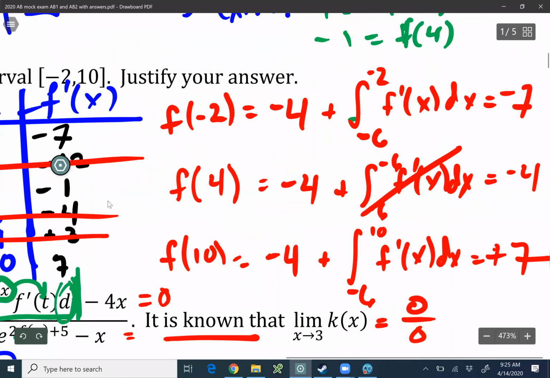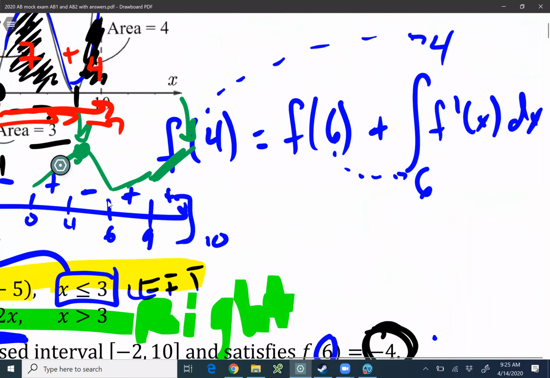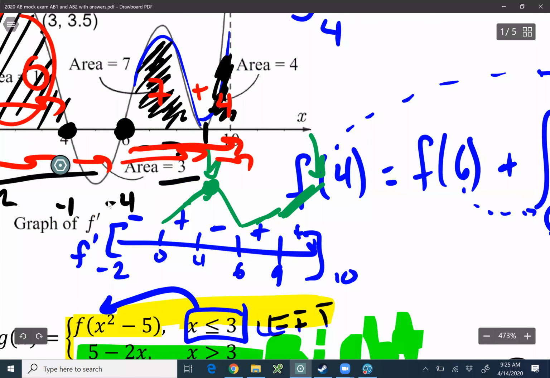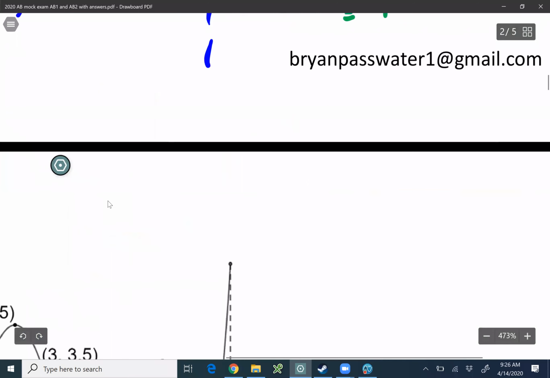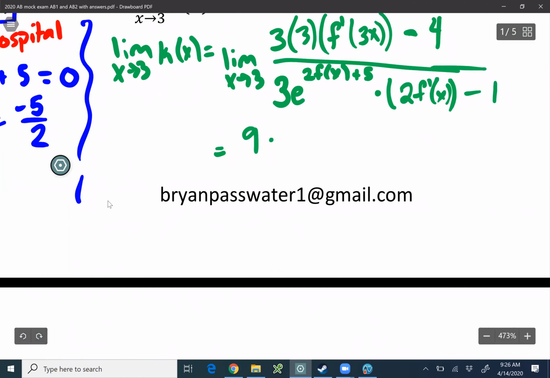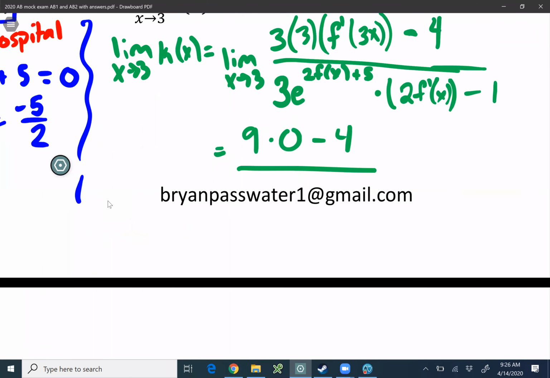Okay, well, we had a graph up here. And on this graph, this is the graph of f prime, 9 was one of my zeros. So f prime of 9 was 0. So I'm going to just put 9 times 0 minus 4 all over 3 e to the 2 times f of 3, because we're plugging in 3.